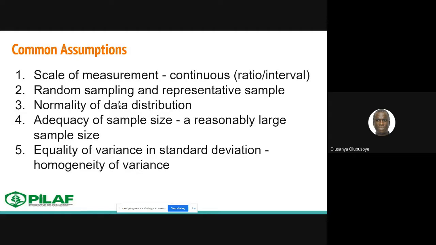So if that happens, then the t-test is valid. But if it does not happen, then we have to find a way to correct that. There are tests also to establish whether variances or standard deviations are equal or not.